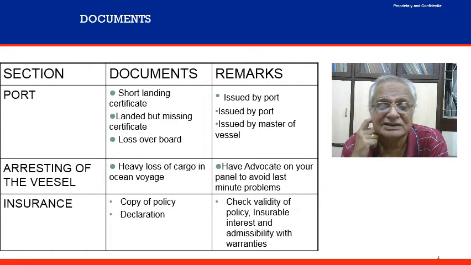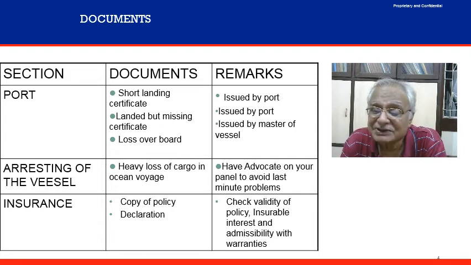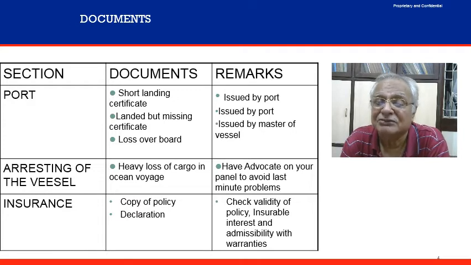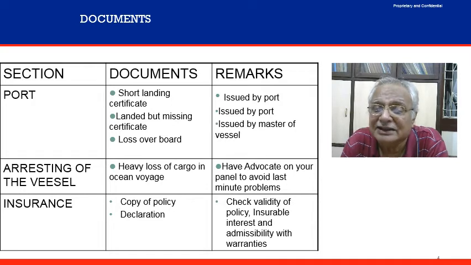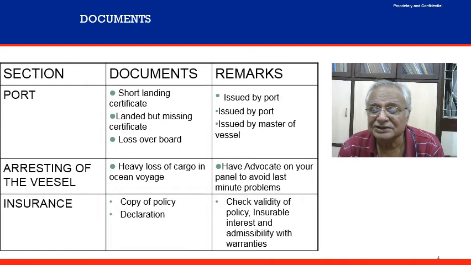For example, if it is containerized cargo and you would like to know about the packaging, then you should also ask for the load port container inspection report, because damages may be attributable to a problem with the container. It is very difficult to pinpoint documents for all types of commodities and cargo. It is your experience factor. This is only basic guidelines that I am giving.